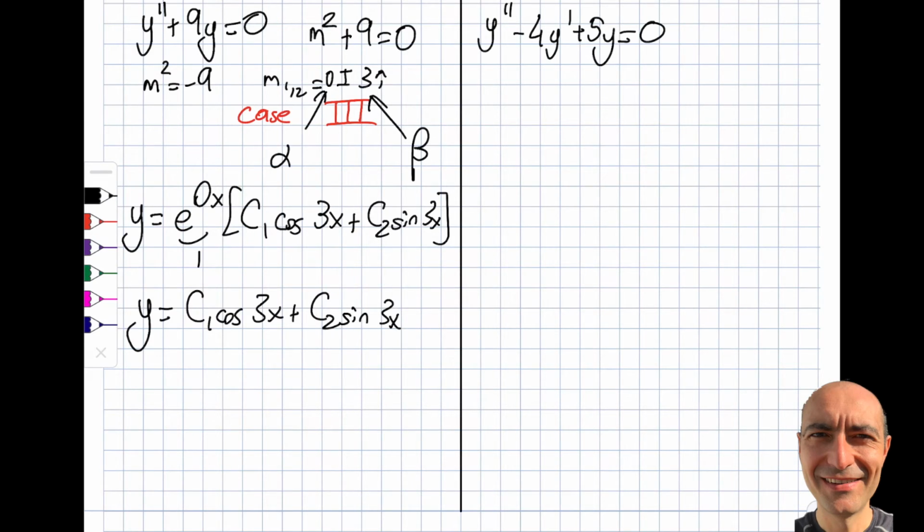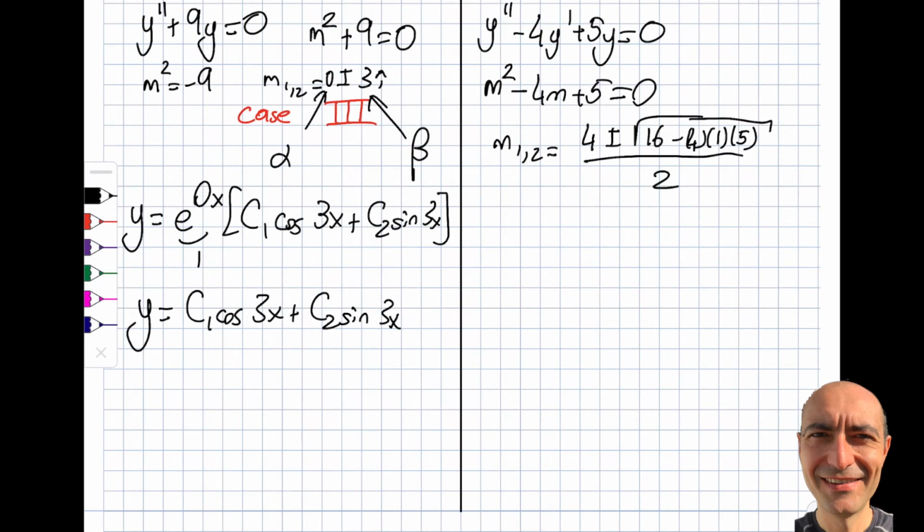So let me do one last question, because I have done case 1, case 2, case 3, but just for good measure. The auxiliary equation is going to look like this. And m1, 2 is going to look like this: 4 plus minus square root of 4 squared, minus 4 times 1, a is 1, times 5, c is 5, divided by 2a, which is 2.